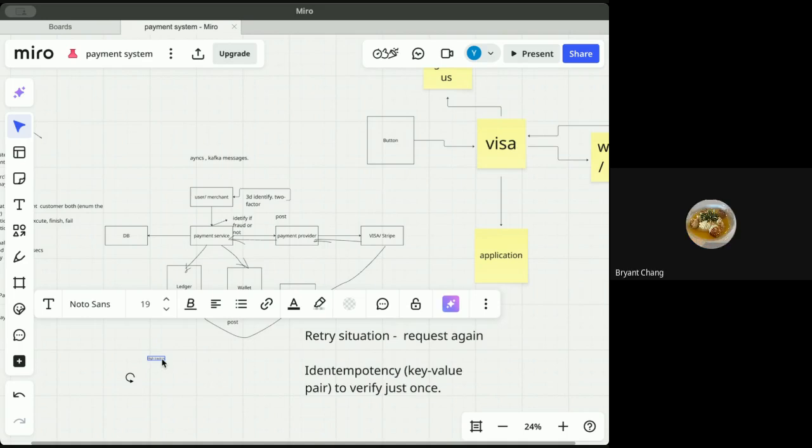Because you mentioned Kafka before, right? So where will you add a component in your graph?